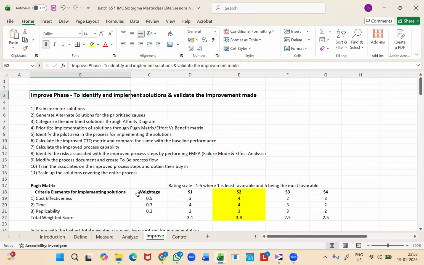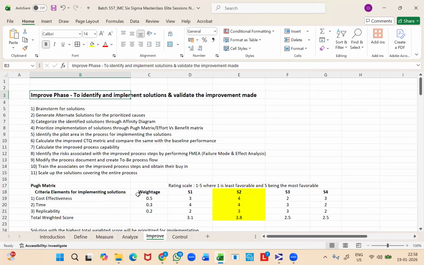So we will generate alternate solutions for the prioritized causes. We'll not come up with just one solution for each and every prioritized cause, because if the primary solution doesn't work, then we will always have the backup solution available to implement.